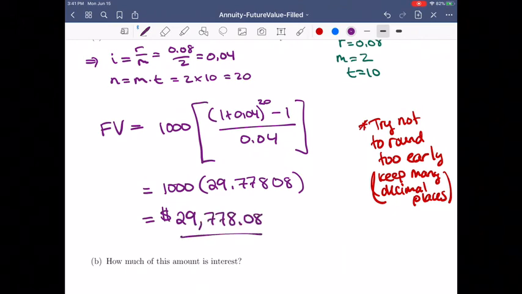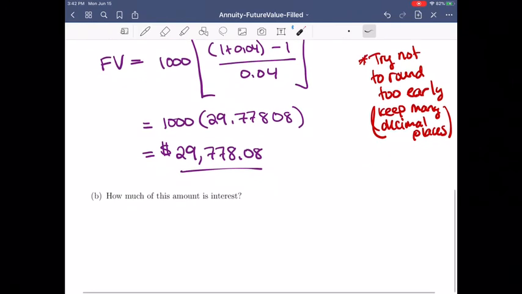Okay, that's my future value. So you need quite a lot of decimals here, especially when you're multiplying by a big number, because it's going to move the decimal place over a few times. So when you're at the end, you should always round to 2 decimal places because we're talking about money. Okay, so it doesn't make sense to have another number at the end because you can't have half of a cent.